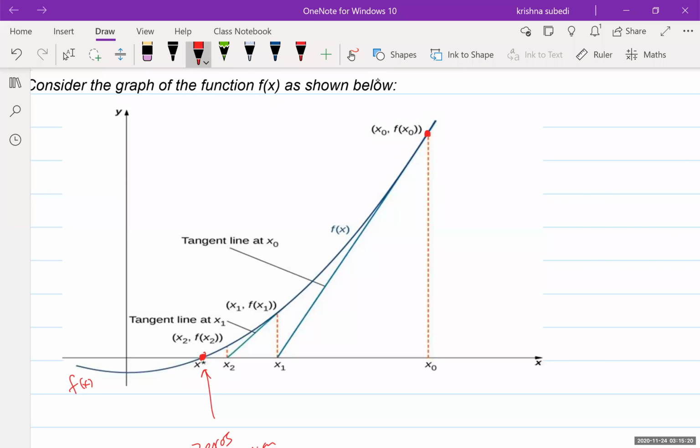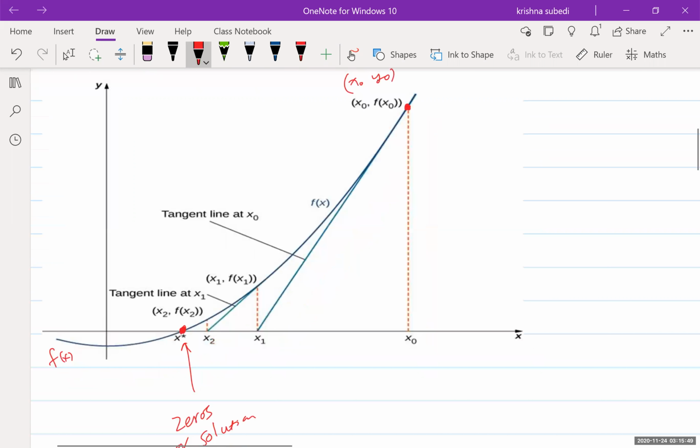Let us suppose that this point is x naught, and I denote that by x naught, y naught, or you can say x naught, f of x naught. This is a random point that I choose. So using this as a basis point, try to find the approximate value of the root. That's the goal.